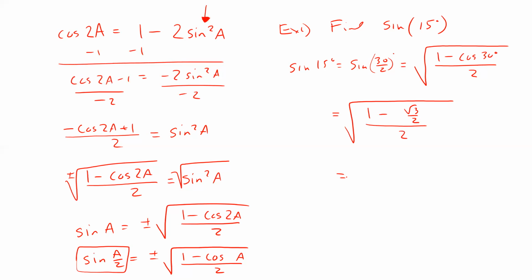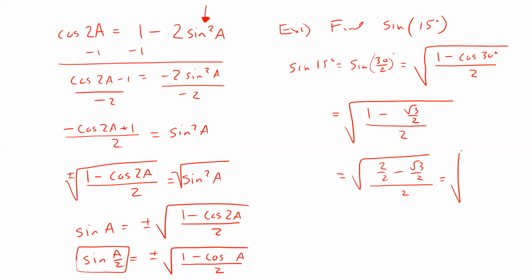So let's go with it here. Again, lots of simplification, sort of pre-algebra to do. I need common denominators for the top. So that 1 changes into a 2 over 2. Then I'm going to make that into a single term.